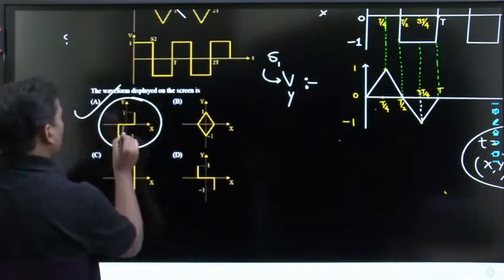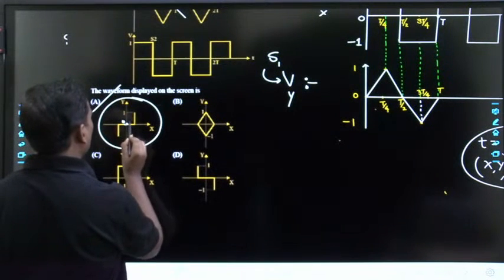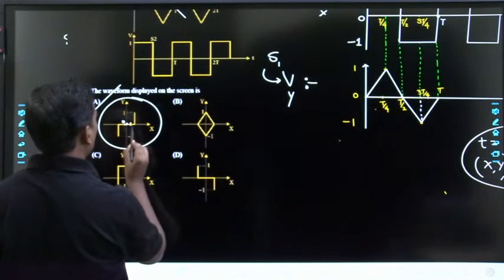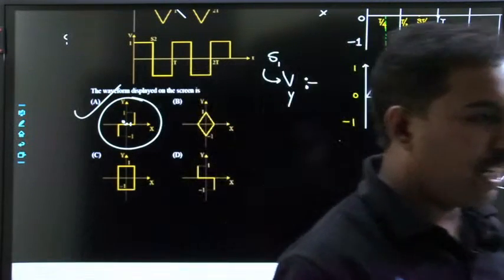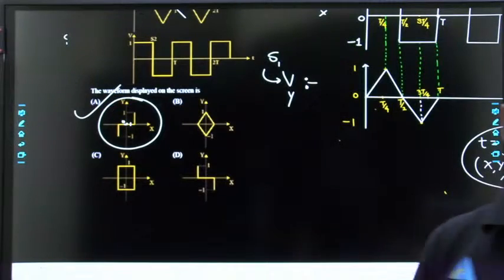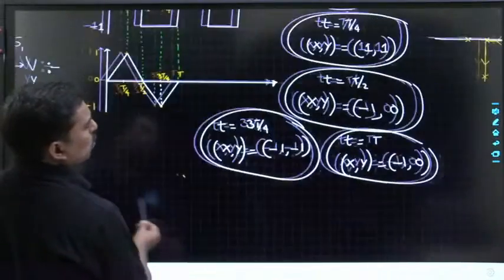This is at t is equal to 0. This is at t is equal to T by 2 and 3T by 4 like this. Clear, all of you? Ruchita, clear? Other students clear? So if you draw the graph, you have to take it carefully, otherwise you won't understand.